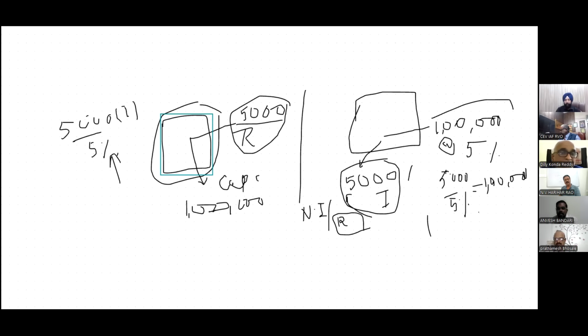And what you get from here, 5,000 divided by 5%, that is the capitalized value. So the formula is income divided by capitalization rate, or simply cap rate.